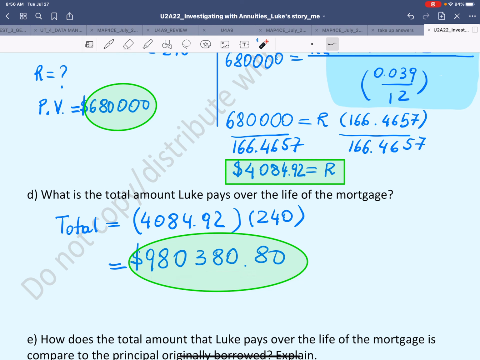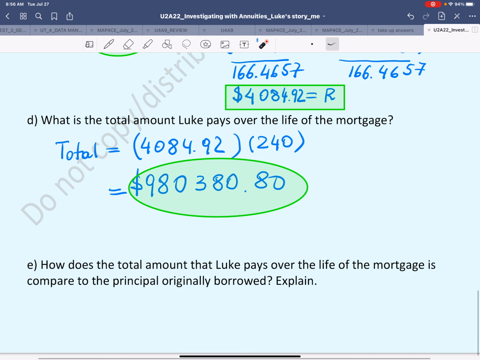What is that for? Obviously, that's the interest that has gone towards the bank's profit. So the total amount that Luke pays over the life of the mortgage is greater, and obviously that is because he's also paying for the interest.